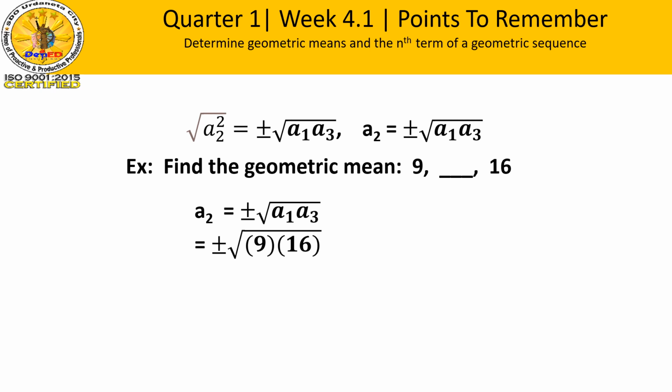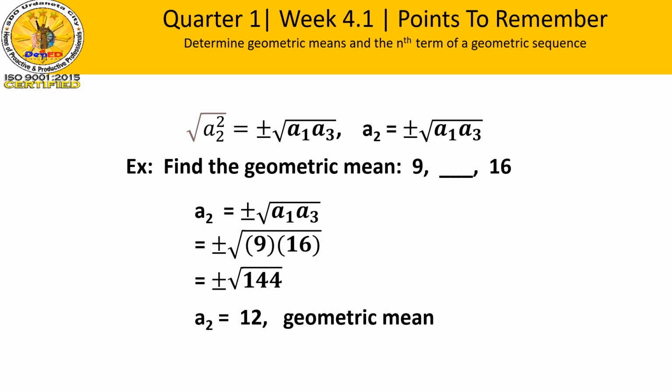By substituting the values of a sub 1 and a sub 3, we have 9 times 16, so we have 144. So a sub 2 is equal to the square root of 144, which is 12. So our answer here is positive, and a sub 2 is equal to 12, which is the geometric mean.